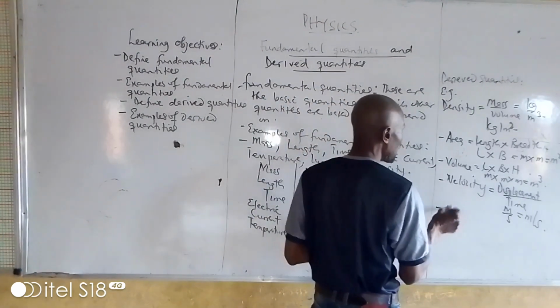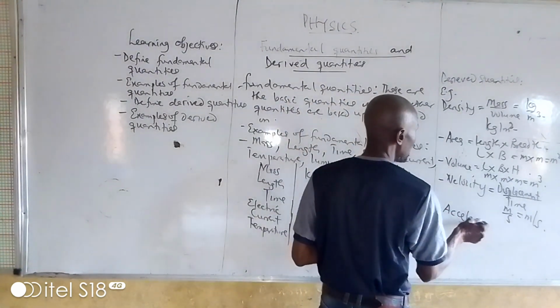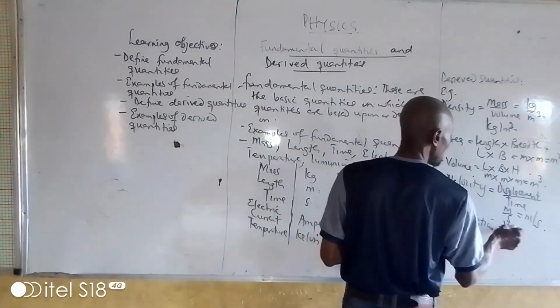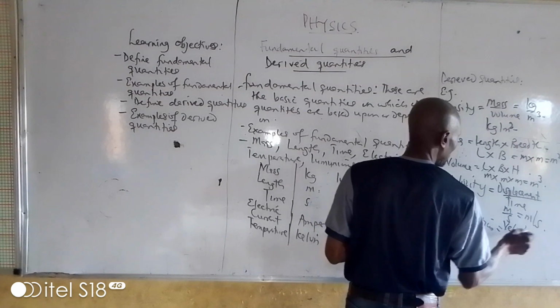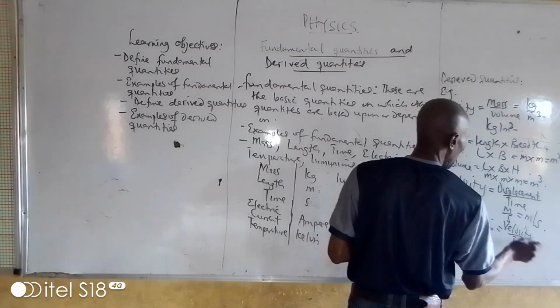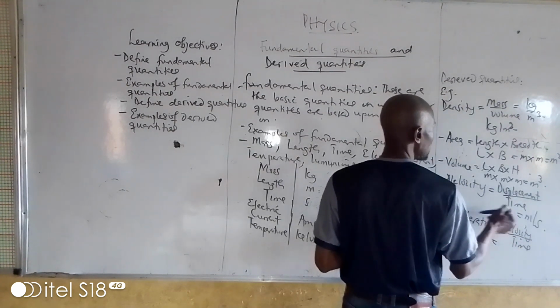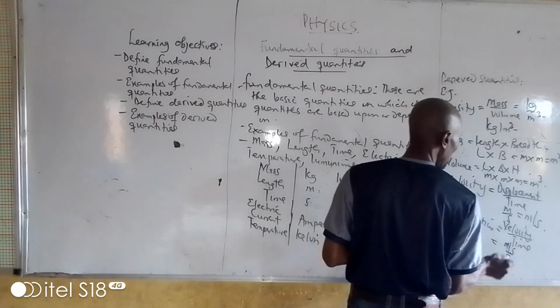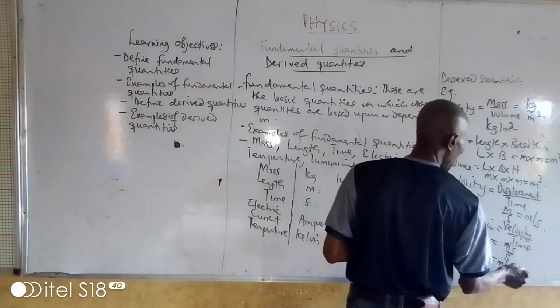Likewise, acceleration. Acceleration is the increase in velocity per time taken, all over time. Your velocity here is meter per second, and your time is second. So acceleration is meter per second per second.